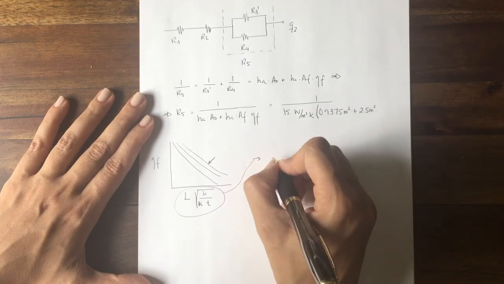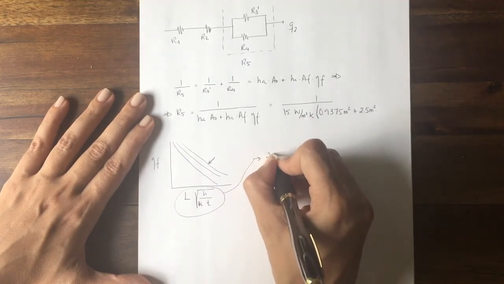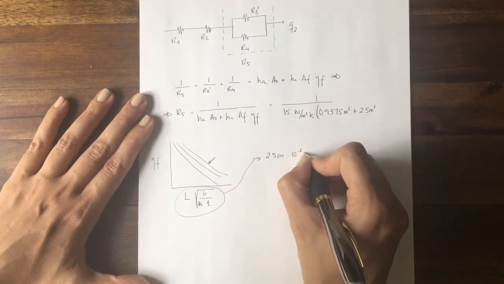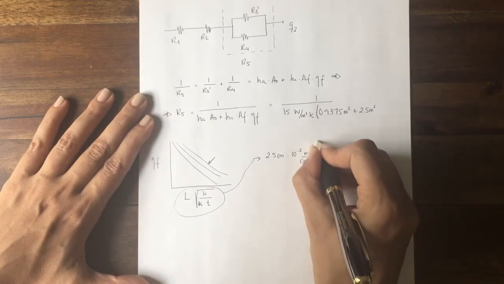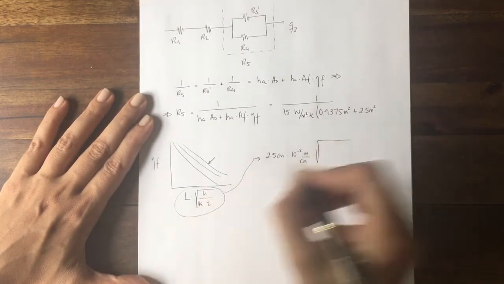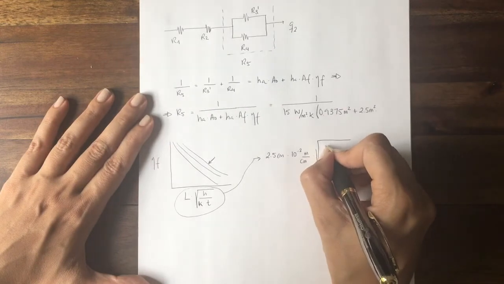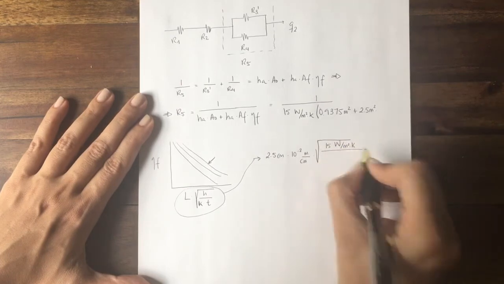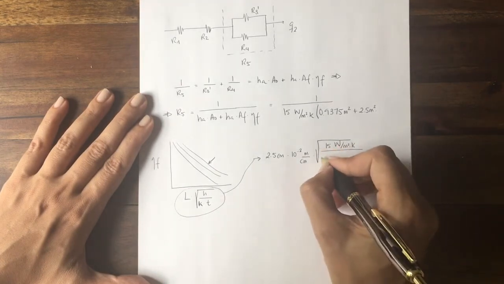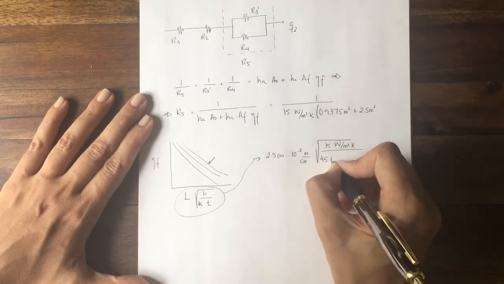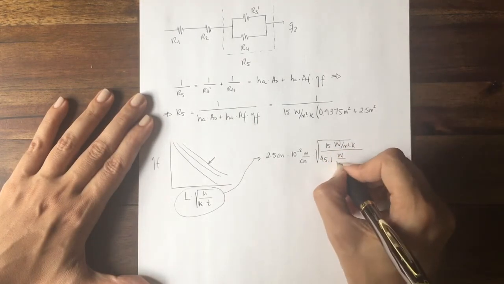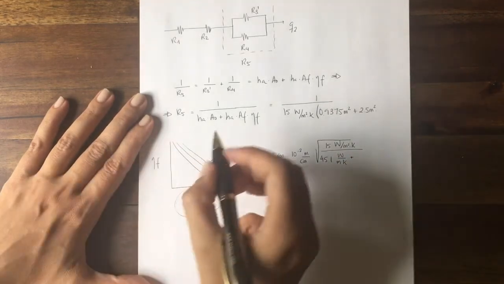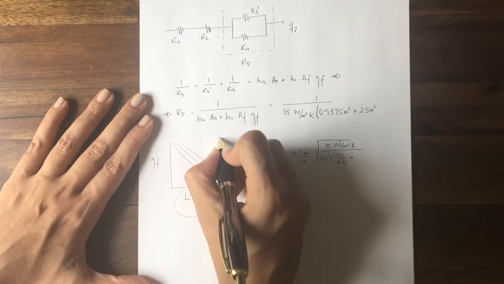L is the length of the fin, which is equal to 2.5 centimeters, times 10 to the minus 2 meter per centimeter, times the square root of the convective coefficient in the air side, 15 watt per square meter Kelvin, over the thermal conductivity, 45.1 watt per meter Kelvin, times T. But if you remember here, the thickness is defined as 2T.